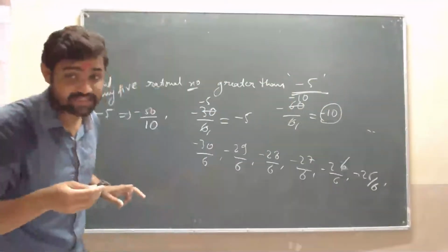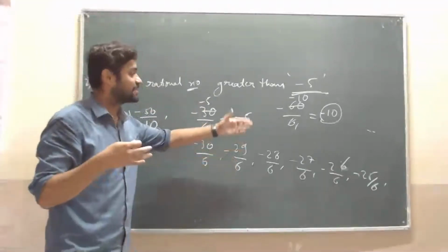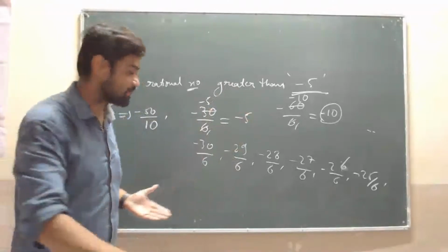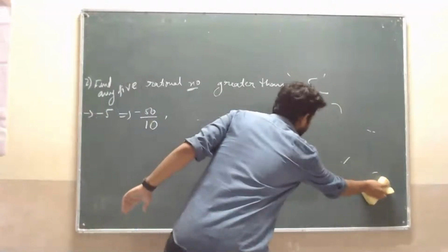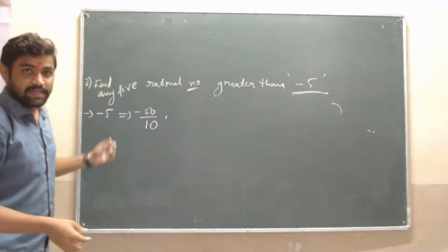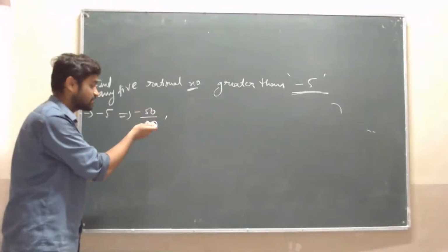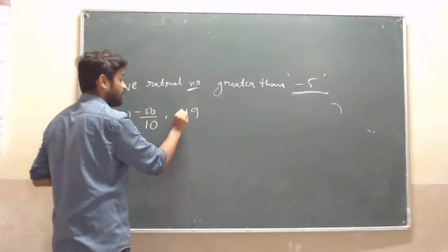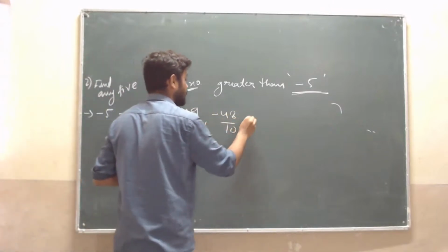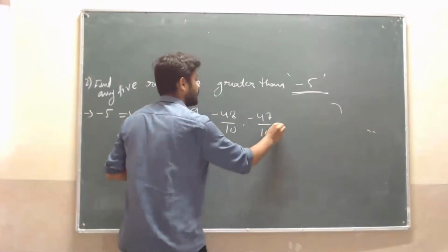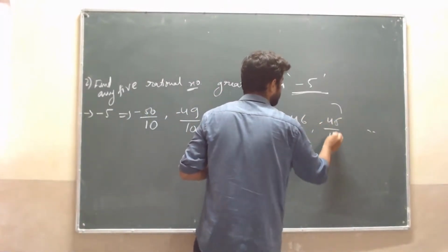Minus 23 by 6. That must be greater than minus 5. Okay, again I will solve it. See here, minus 50 by 10. We have to write numbers greater than minus 50 by 10. I will write minus 49 by 10, minus 48 by 10, minus 47 by 10, minus 46 by 10, and minus 45 by 10.